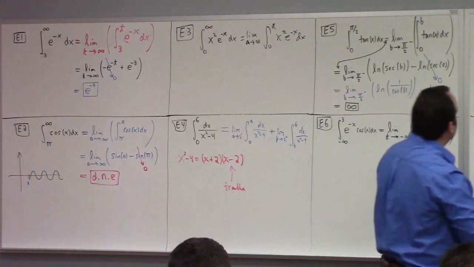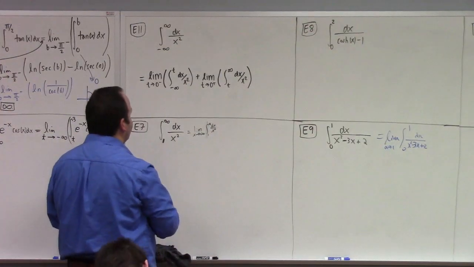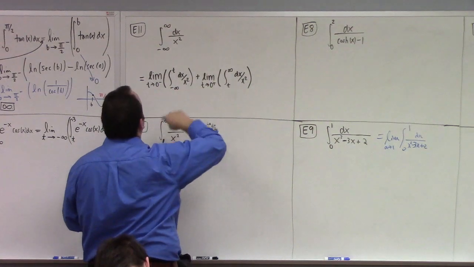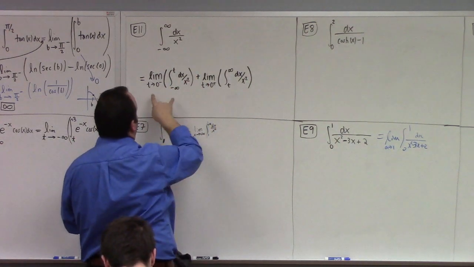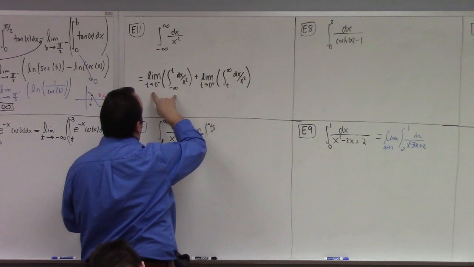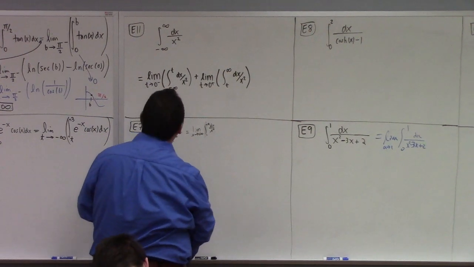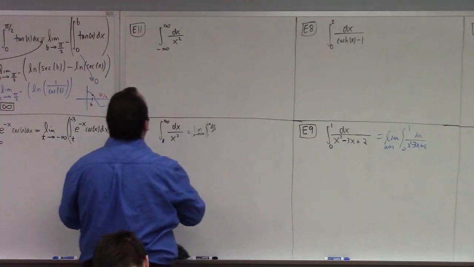Next up here, example 7. I'll do example 11 next. So 7.11: the integral from minus infinity to infinity of dx over x squared. Not quite, it's worse than that.